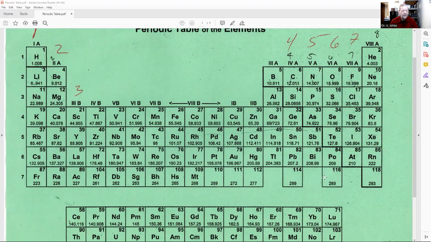All right, we look at lithium. What's the chemical symbol of lithium? You should know it's Li. It's an alkali metal. Right here, first column, right under hydrogen. What's its atomic number? 3. And the atomic number equals the number of protons and electrons in that element.